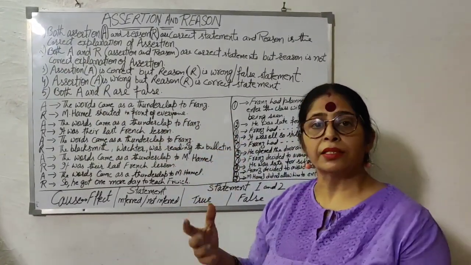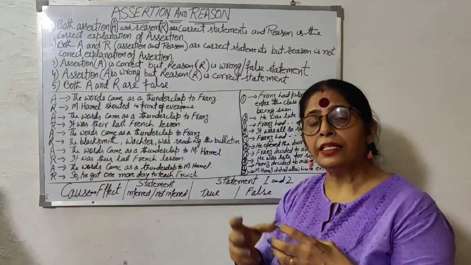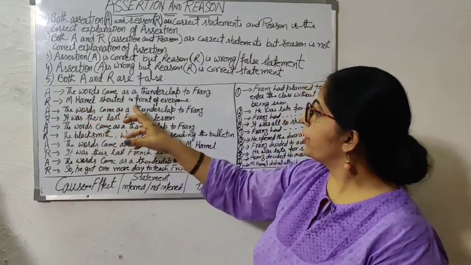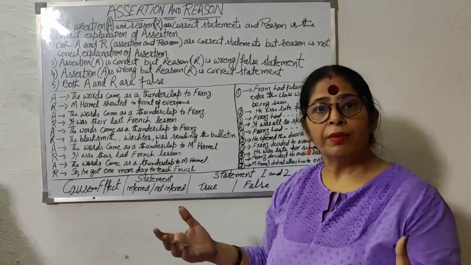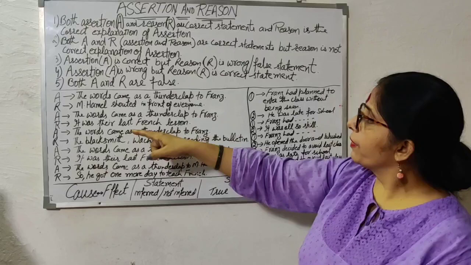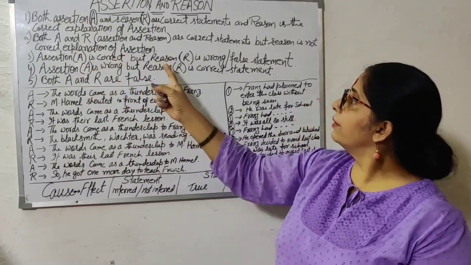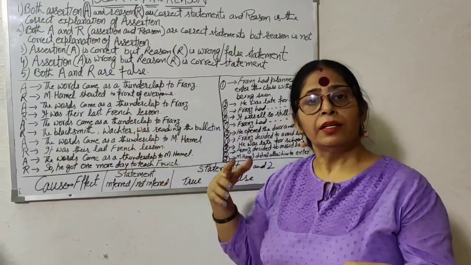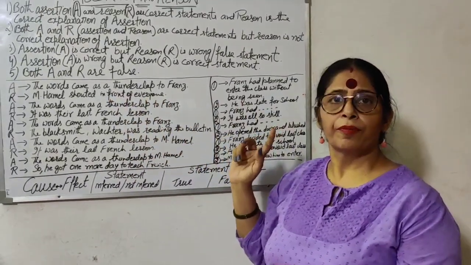The words came as a thunderclap. But can we say this reason is the right explanation of this assertion? Reason says M. Hamel shouted in front of everyone, but M. Hamel never shouted. So what option can we choose? Assertion is correct, but reason R is wrong, because M. Hamel never shouted.